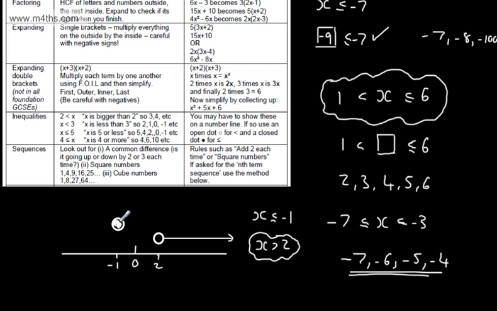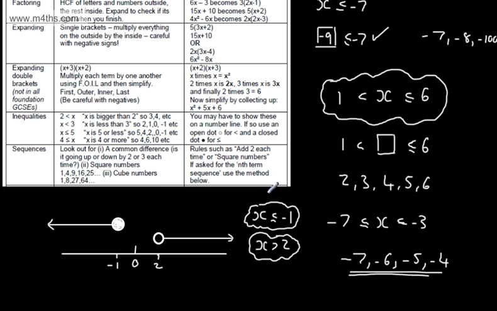We want now, the number we're looking for has to be at most minus 1, so let's just colour that in. There we go. So now it's going to be all of these numbers in this direction. So we can have minus 2, we can have minus 1 because it's included, minus 10, minus 30, and so on and so forth. That now is representing this on a number line.